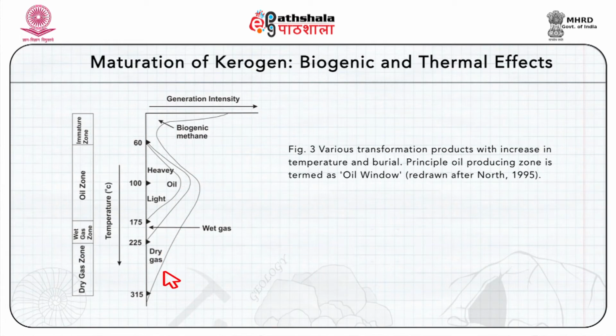The best oil production zone is between 60 degrees and 175 degrees temperature, which we normally refer to as the oil window. So, this temperature range of 60 to 175 degrees is the major zone where we should expect the formation of oil because of the maturation of the kerogen.